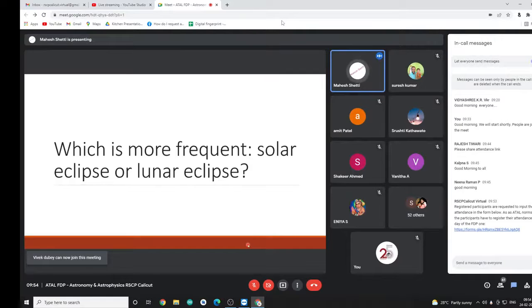If you decide that every eclipse that is visible from your location you are going to watch, then naturally you find that more lunar eclipses will be seen. That's because if the moon is visible and if the moon is in the earth's shadow, anybody who is going to observe the moon will see the lunar eclipse.